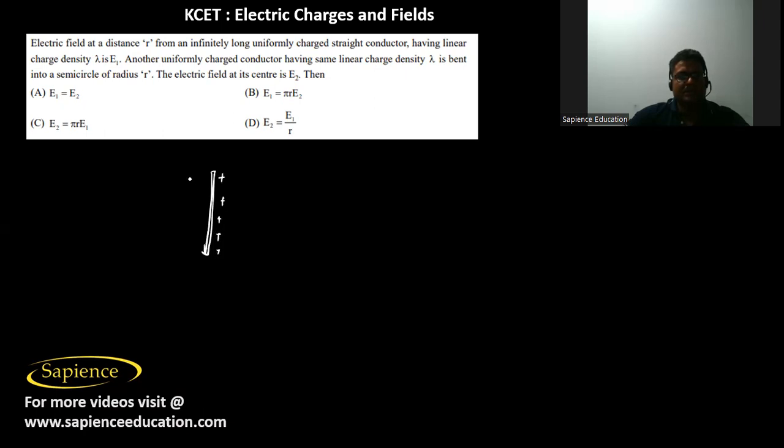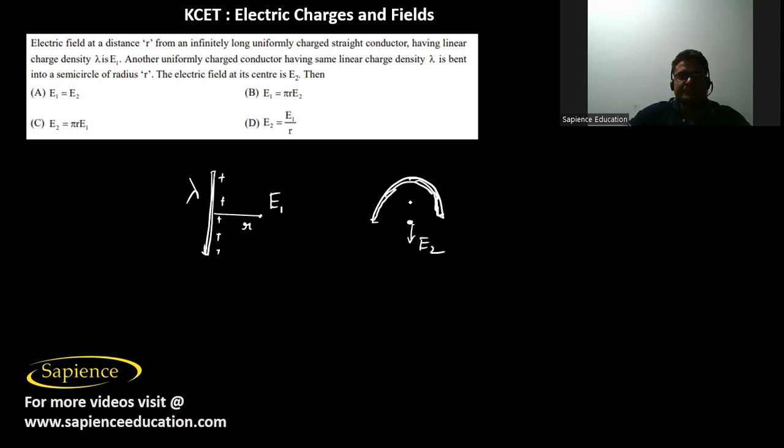Its net linear charge density is lambda, and at a distance r, the electric field is E1. Another uniformly charged conductor having the same linear charge density lambda is bent into a semicircle. The electric field at its center will be E2.